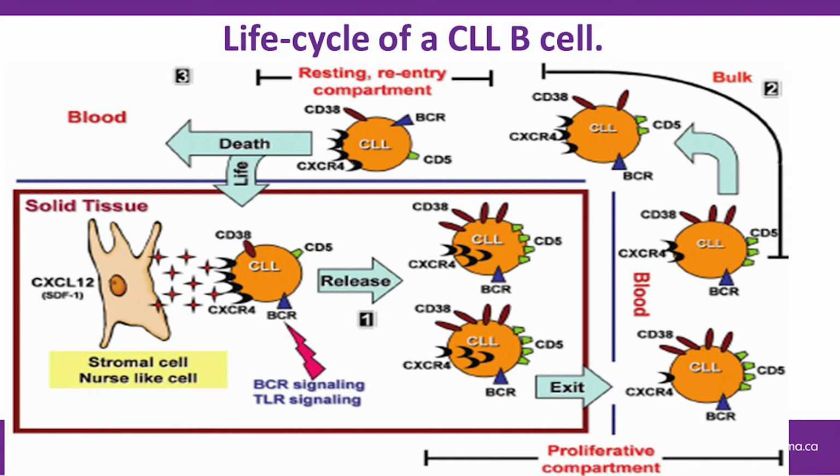So what's been noticed is that if the CLL cell has the more aggressive mutations or the unmutated B cell receptor, their response to these types of signals is much stronger. They proliferate much more than, say, a CLL cell with a mutated B cell receptor and no 17p or 11q deletion. And so those types of cells have a very inert behavior.